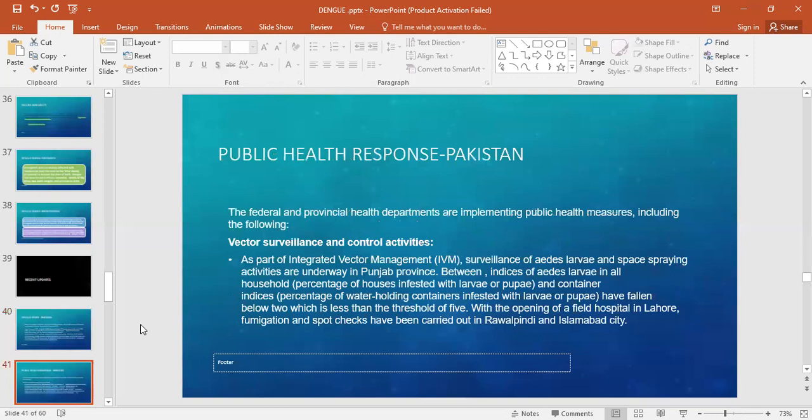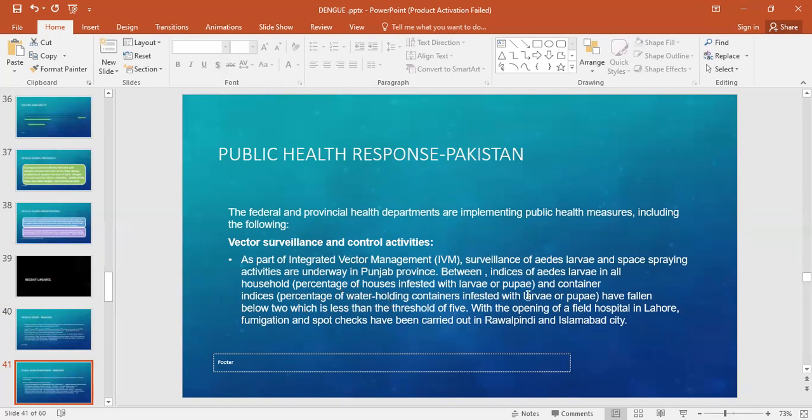Public health response. The federal and provincial health departments are implementing public health measures including the following: vector surveillance and control activities as a part of integrated vector management. Surveillance of Aedes larvae and space spraying activities are underway in Punjab province. Between indices of Aedes larvae in all households and container indices, the percentage of water-holding containers infested with larva or pupa have fallen below 2, which is less than the threshold of 5.